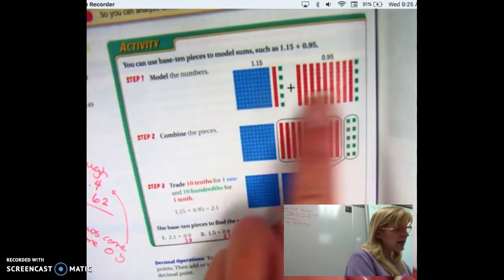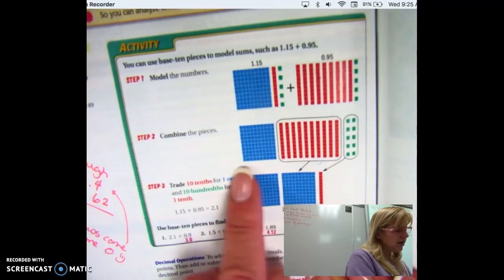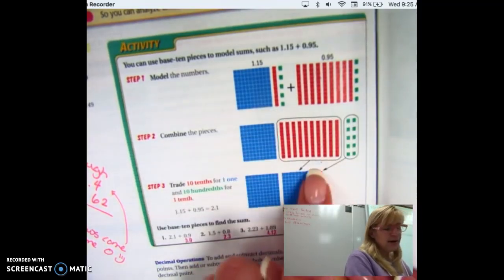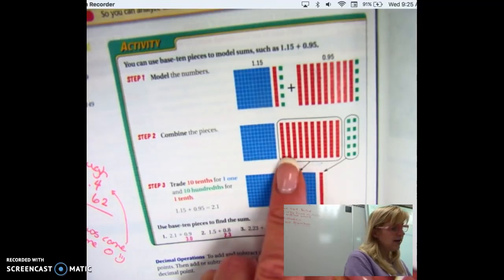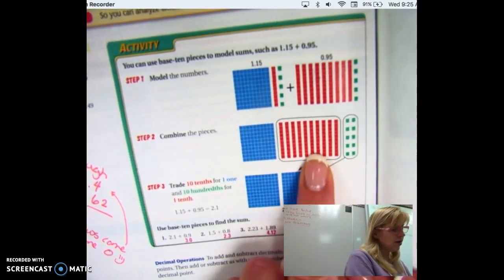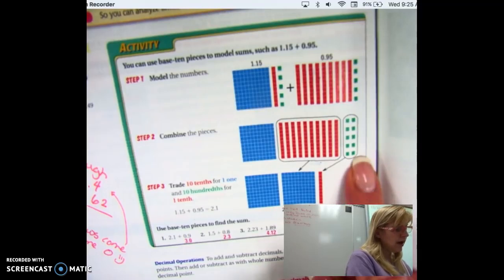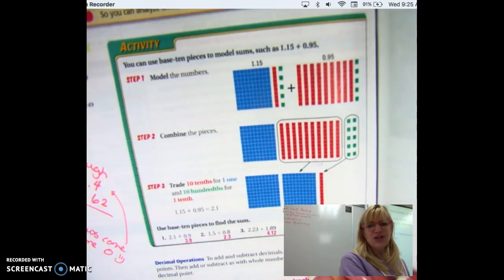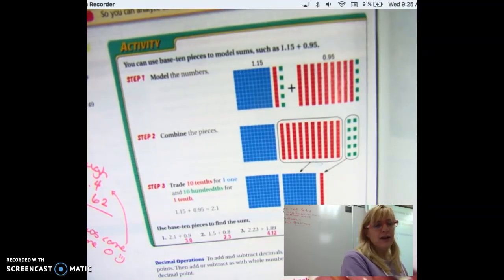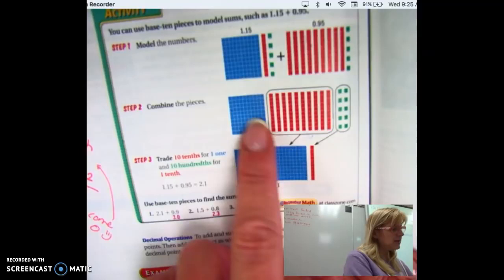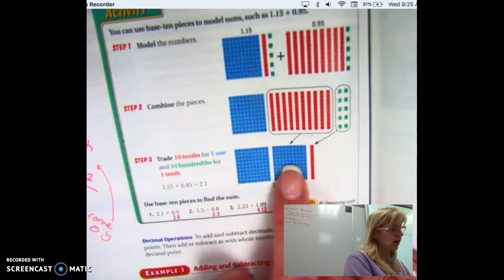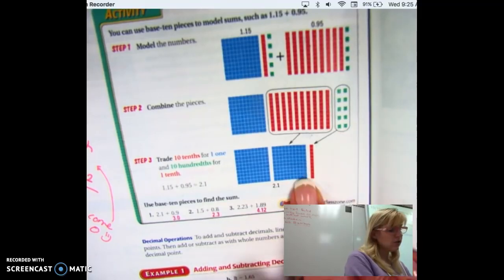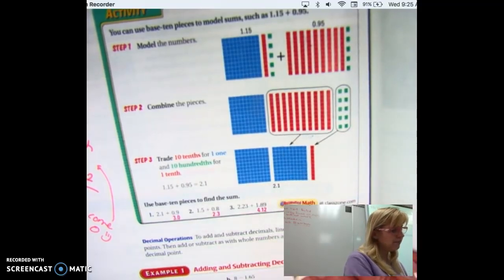When you combine the pieces, so you put the red ones together, you still have 1 whole, but now you have made 10 tenths, and you have made 10 hundredths if you group those together. So just like you regroup when you have addition, you trade these 10 in for 2 wholes, and you trade these little hundredths into 1 red tenth.